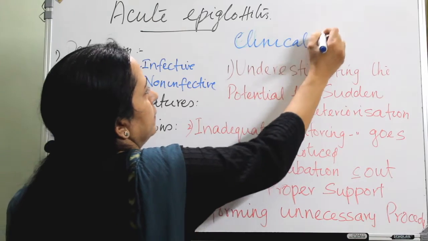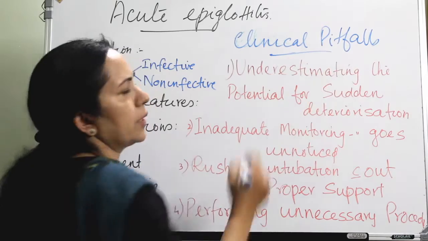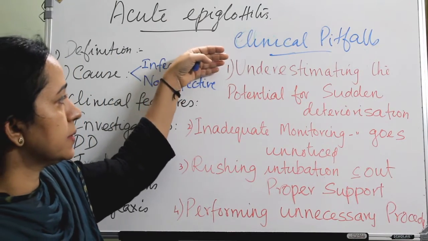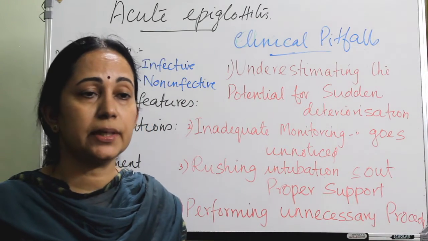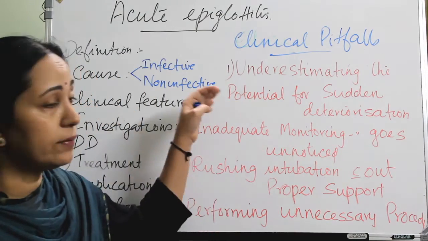The first is underestimating the potential for sudden deterioration. As I already told, sudden deterioration progressing to respiratory arrest can happen at any time. So never underestimate the potential. This is the most common clinical error.